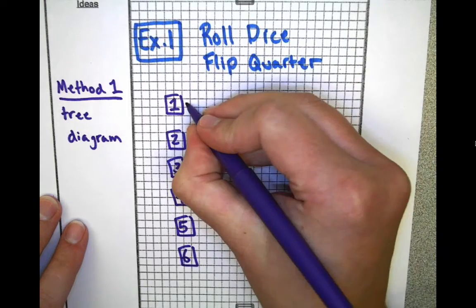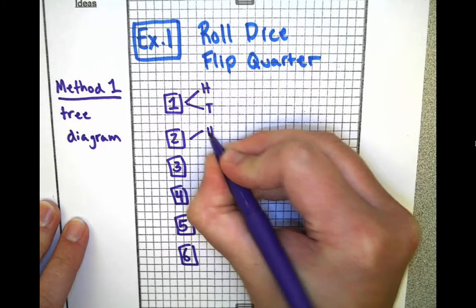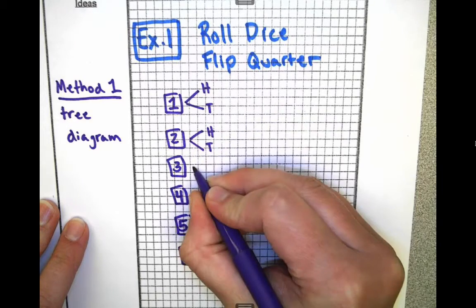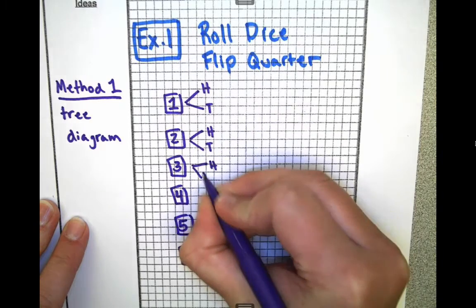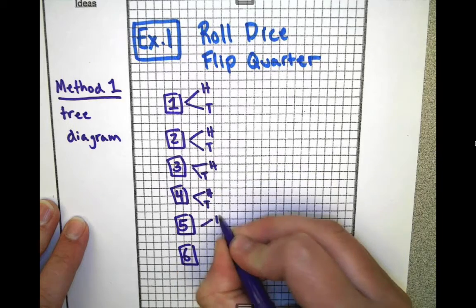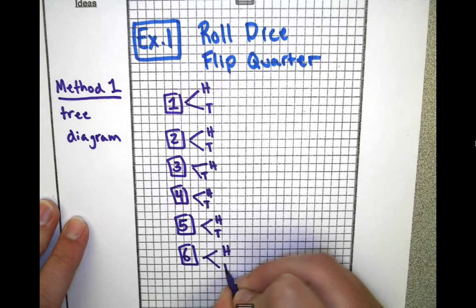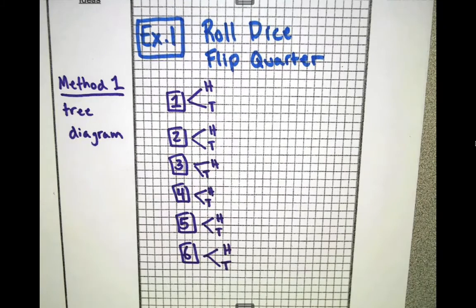So I could get a 1 with a heads, or I could get a 1 with a tails. I could get a 2 with a heads, or a 2 with a tails. I could get a 3 with a heads or a tails, a 4 with a heads or a tails, a 5 with a heads or a tails, and a 6 with a heads or a tails. So how many possible outcomes could I get when I roll my dice and flip my quarter?